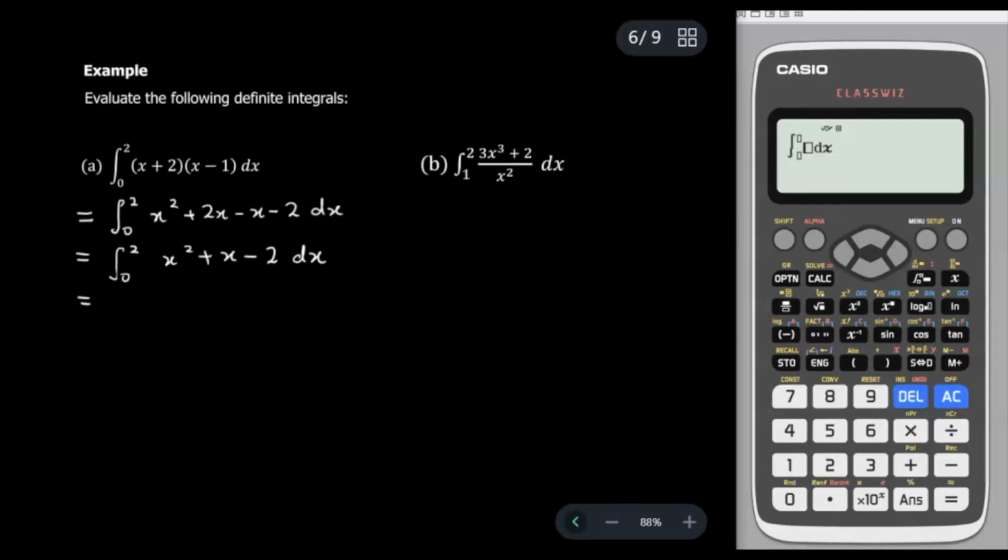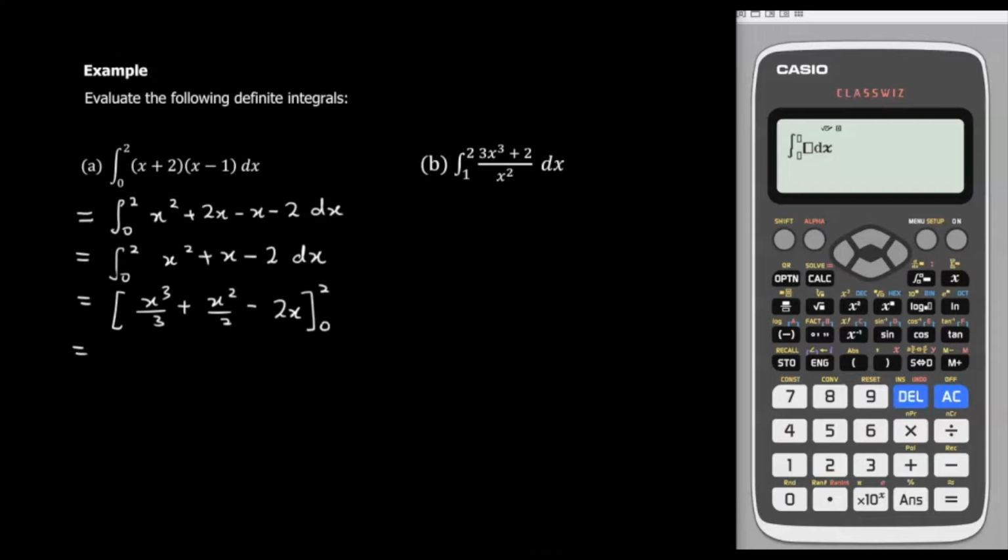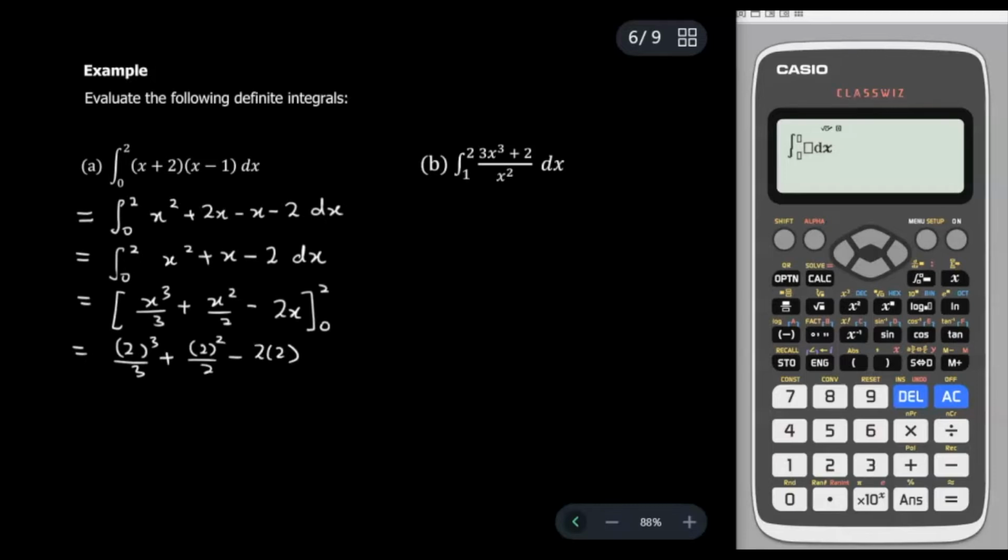Okay, then we can start to integrate term by term. So for the first term, x cubed over 3 plus x squared over 2 minus 2x, then we close bracket, then from 0 to 2. And then after that, we substitute 2 into the bracket, so (2) cubed over 3 plus 2 squared over 2 minus 2 times 2.